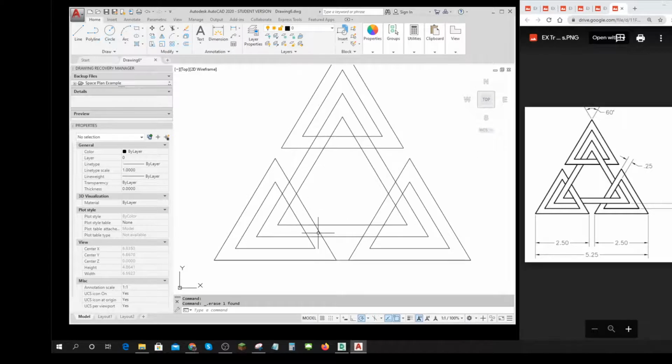Now I know that's the right size because it's 0.25, 0.25, 0.25, 0.25, 0.25, and that's the information that I was given. So I did exact. Now there are other ways to do it, but I think that's the easy way. Trim.